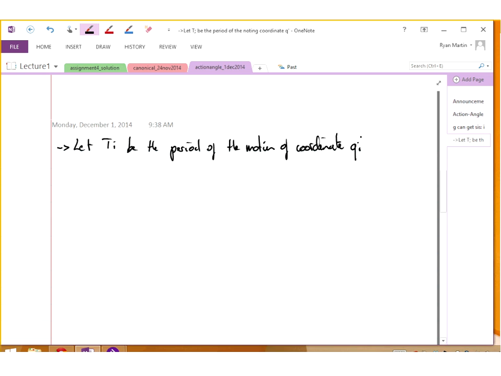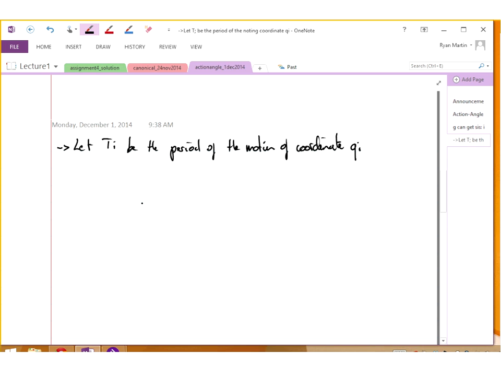So now let's consider the change in the angle variable W. So consider the change in the lowercase w over a period capital Ti.